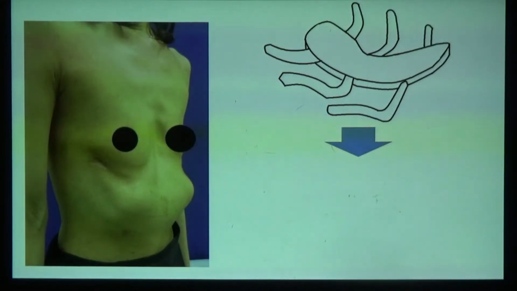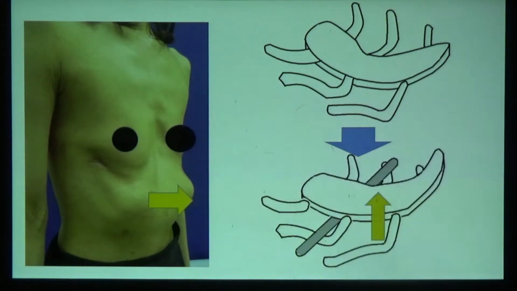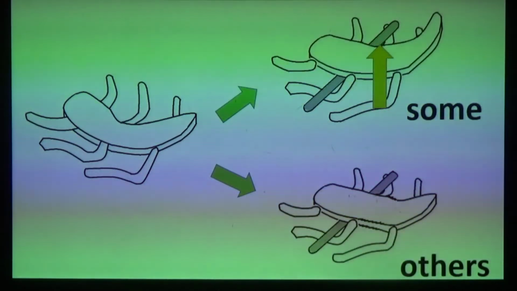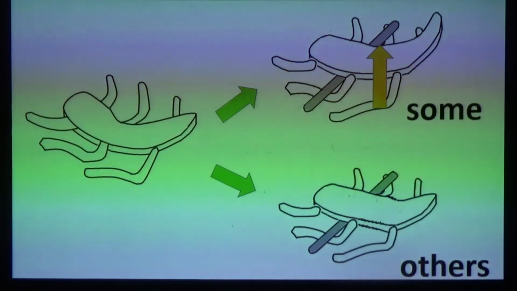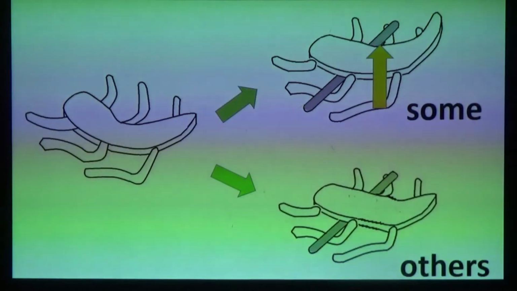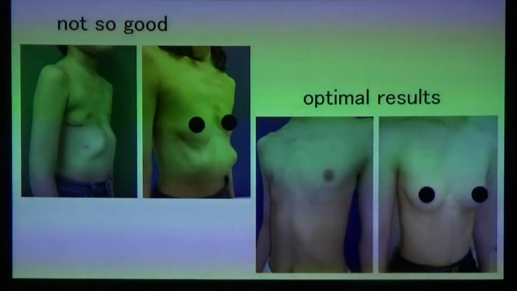As the depressed part was elevated, so was the costal arch, which did not need elevation. This phenomenon occurs with some patients, but it doesn't occur with other patients. The difference occurs because the shape and hardness of the thorax differs from patient to patient.